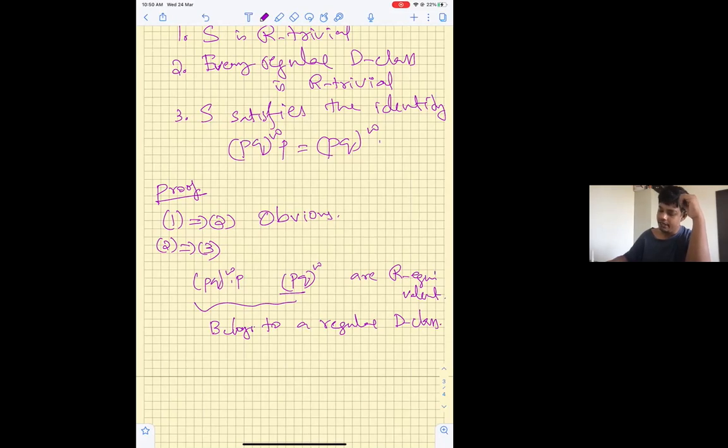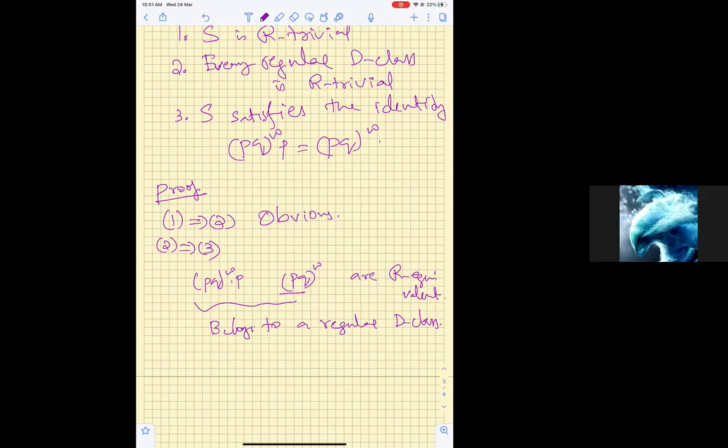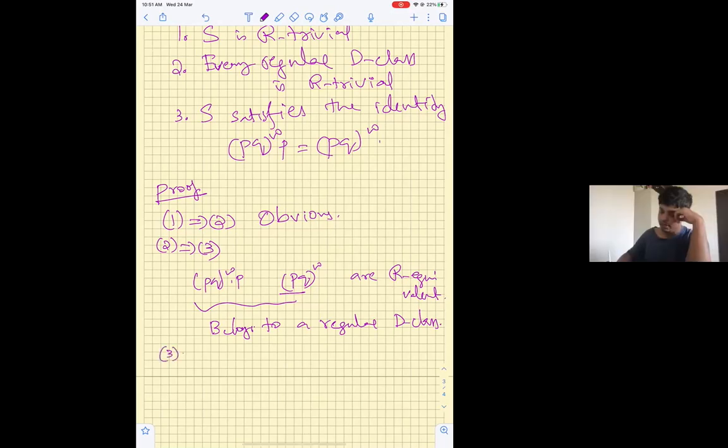So when I have two elements, PQ power omega times P and PQ power omega, they belong to a regular D class, and they are R equivalent. And since a regular D class is R trivial, I get 3. Is that okay? Okay.